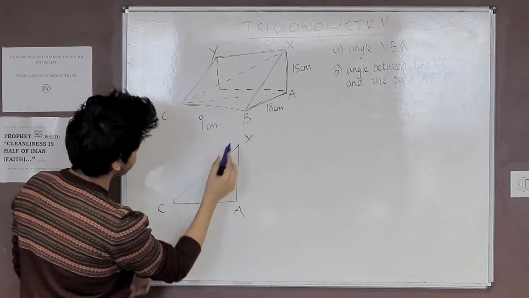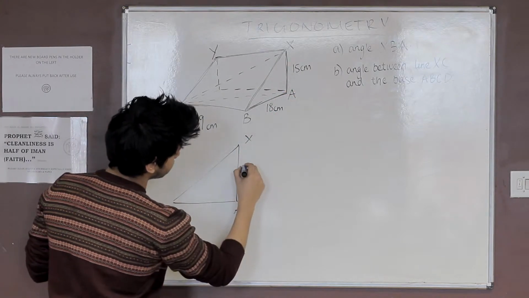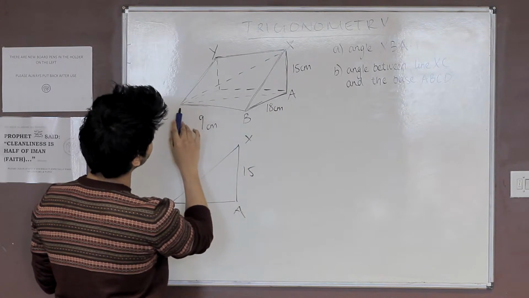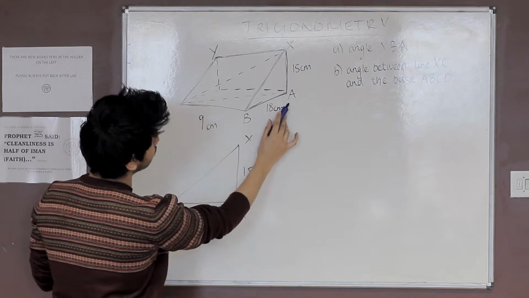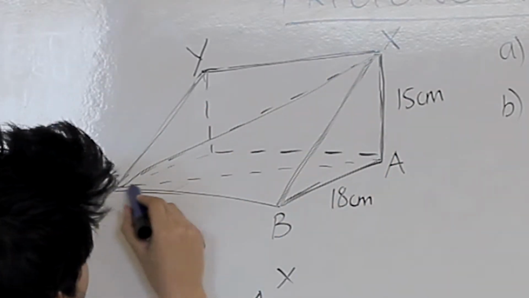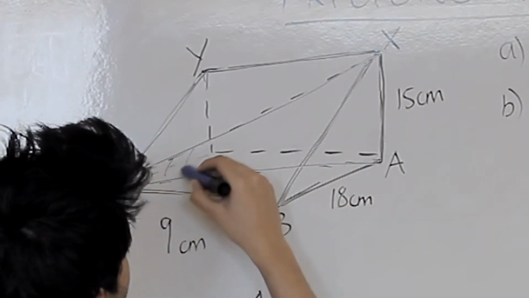We can write 15 here, because we know the distance between X and A is 15. However, we don't know the length of CA or CX. I'll shade in the triangle we're doing.